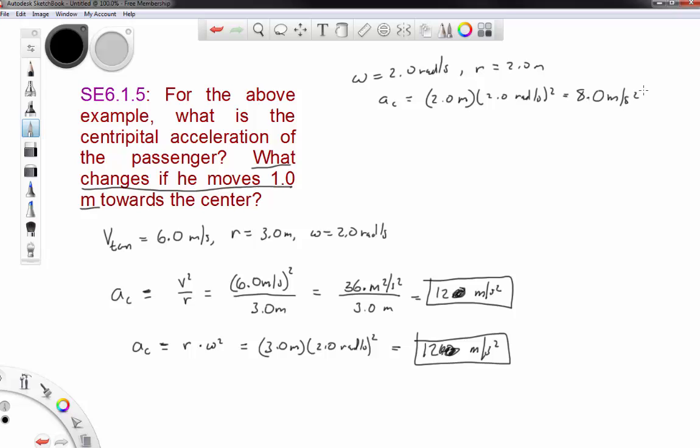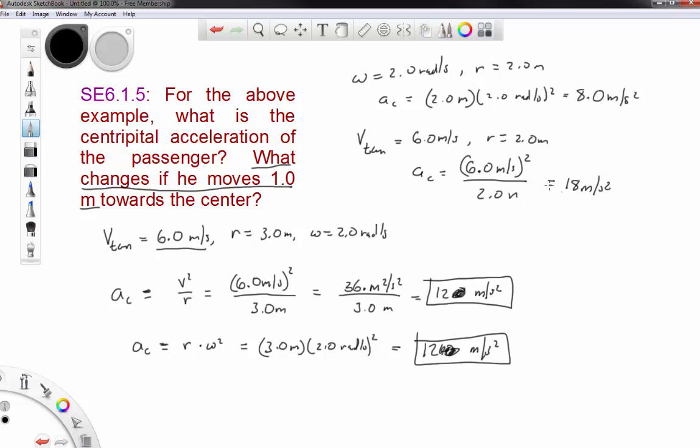On the other hand, suppose that he moves to the center and the thing is spun up to keep him at a speed of 6 meters per second. So if instead we have v tangential is 6.0 meters per second and r is 2.0 meters, then the centripetal acceleration will be 6.0 meters per second, quantity squared, divided by 2.0 meters, which is 18 meters per second squared.